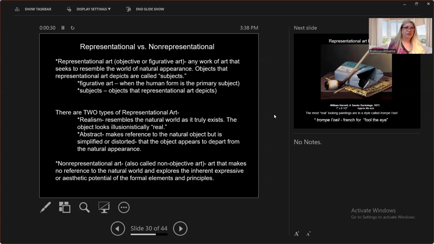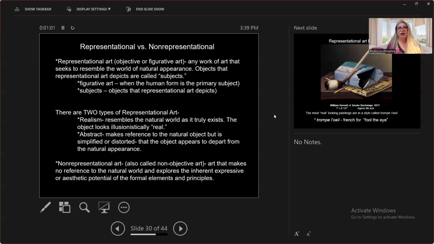Figurative, like I said, often refers to human-like qualities, but you can still get away with saying, oh, that looks figurative, even if it's abstracted. But subjects can also be realistic or abstract. That's the object that is meant to be viewed.